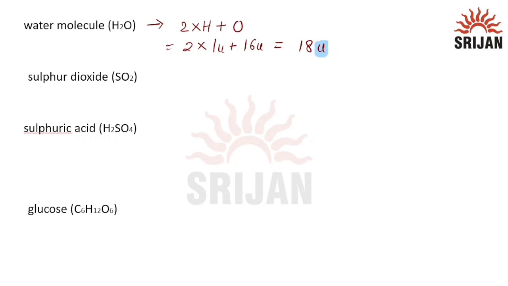In the case of sulfur dioxide, there is one atom of sulfur and two atoms of oxygen. The mass of sulfur is 32U and the mass of one oxygen is 16U. If we calculate, we get 32 plus 32, therefore 64U.